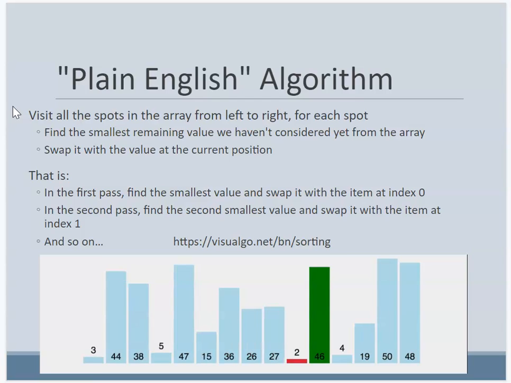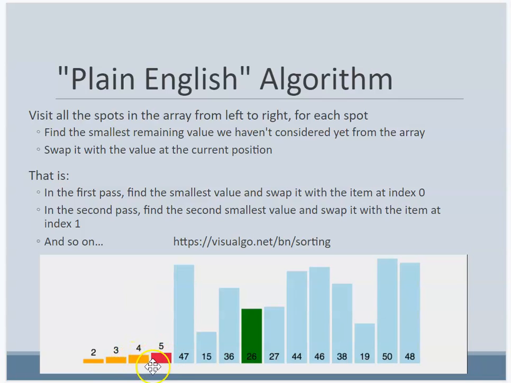index 1. So if we look at this demonstration here, you see 2 was found first. Then 3 was found after that. Notice 5 is the next current smallest, so it was shown to be red. Now 15 is the next current smallest, so it's shown in red.